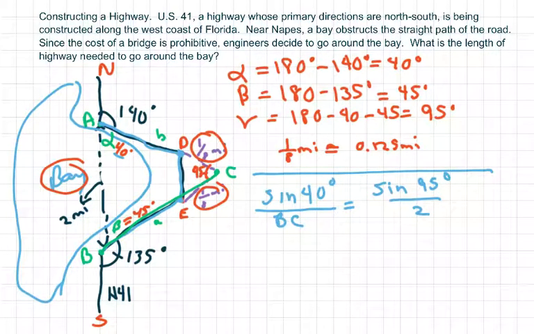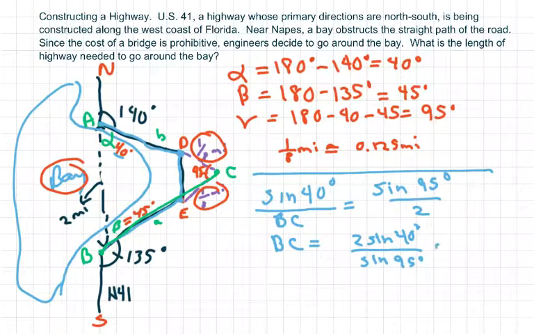So you get BC equals 2 sine of 40 over sine of 95, which is approximately 1.290 miles. So that's the length here.